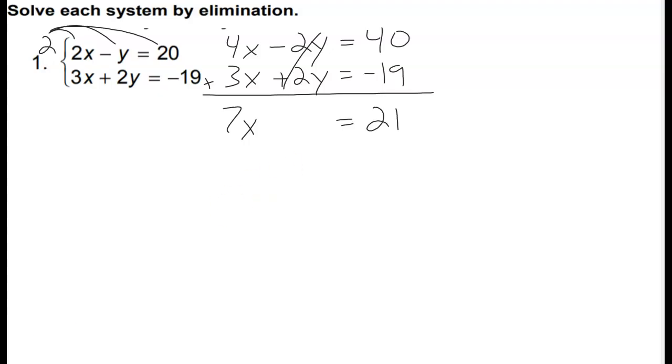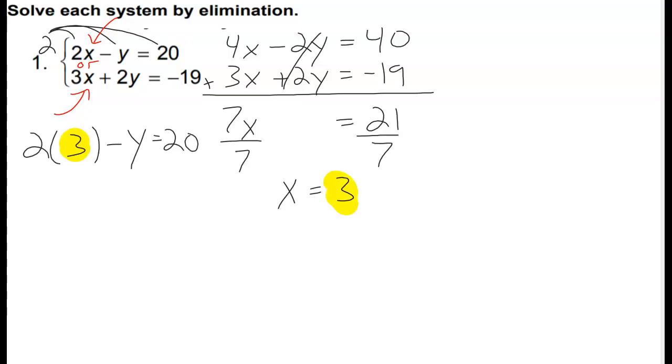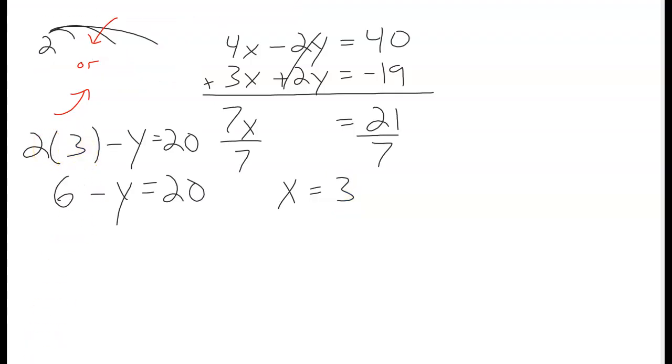Now we're going to divide by 7, and x is equal to 3. Now that we know that x is equal to 3, we can plug it back into either one of these equations. I picked the first one and plugged it in for the x. 2 times 3 is 6.